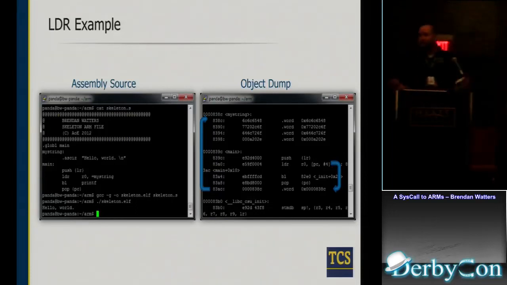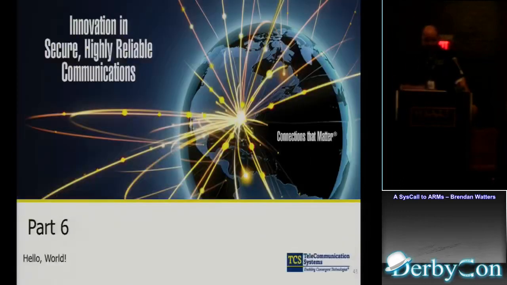Okay. Does this make sense to everybody? Maybe. Okay. So when we talk about doing an LDR instruction, that's how we actually get a 32-bit value into a register. It's by establishing a literal pool.